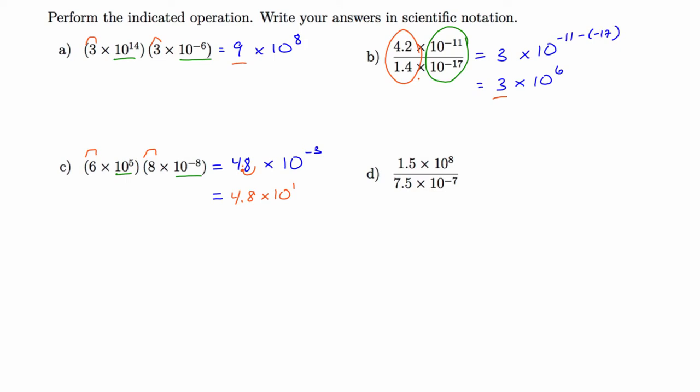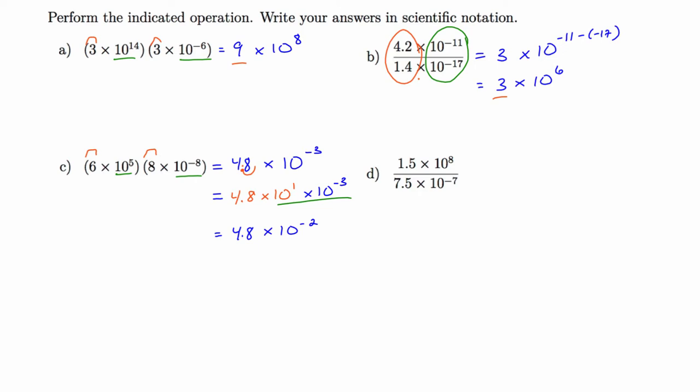So 48 is the same thing as 4.8 times 10 to the 1st. Well, now that the coefficient has been cleaned up so that it is between 1 and 10, we now need to recombine the powers of 10 back here. 10 to the 1st times 10 to the negative 3rd, adding those exponents leaves us with 10 to the negative 2. So our answer for part C is 4.8 times 10 to the negative 2.